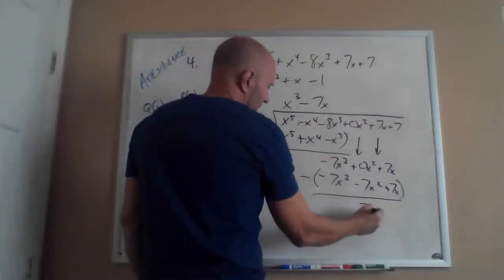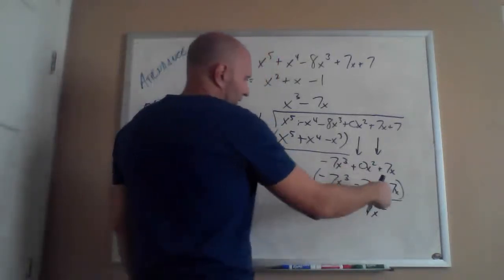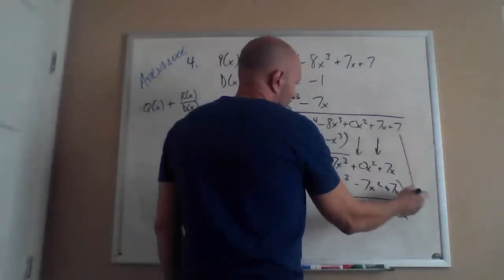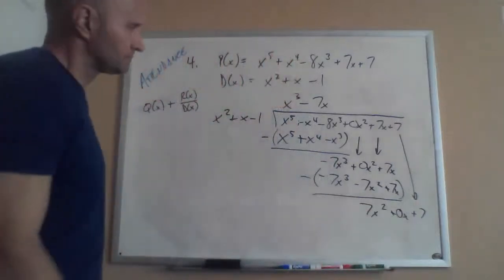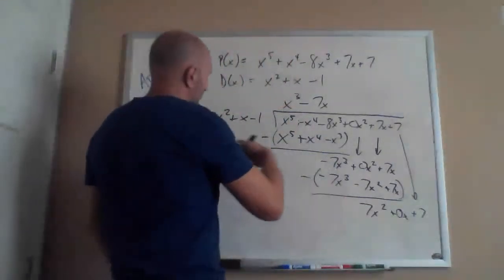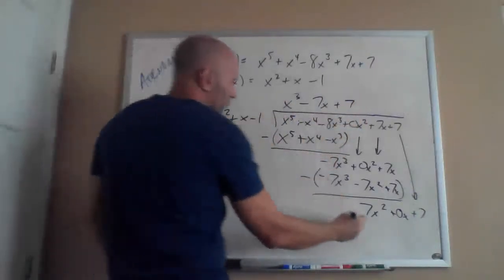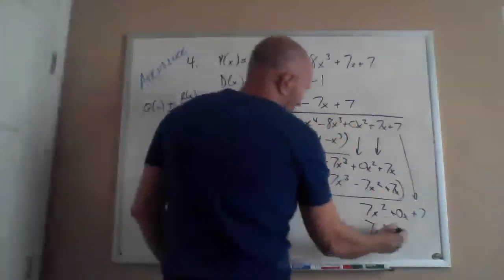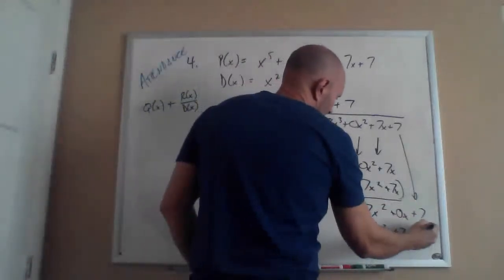Negative times negative, this becomes positive 7x squared. And 7x minus 7x is gone, so 0x. And then bring down this last 7. And then we have what? We need to add 7 here. 7 times x squared is 7x squared. 7 times x, so plus 7x. 7 times negative 1 is negative 7.